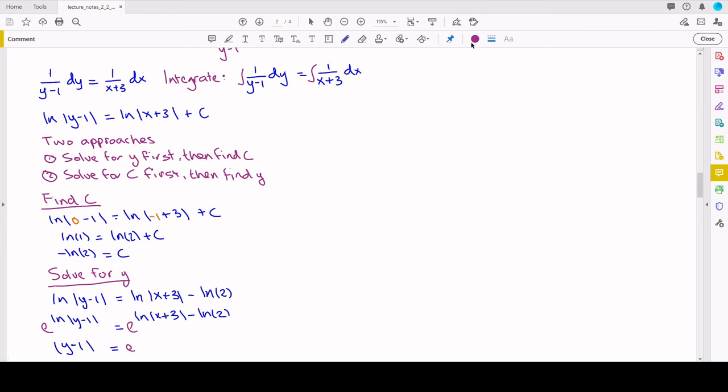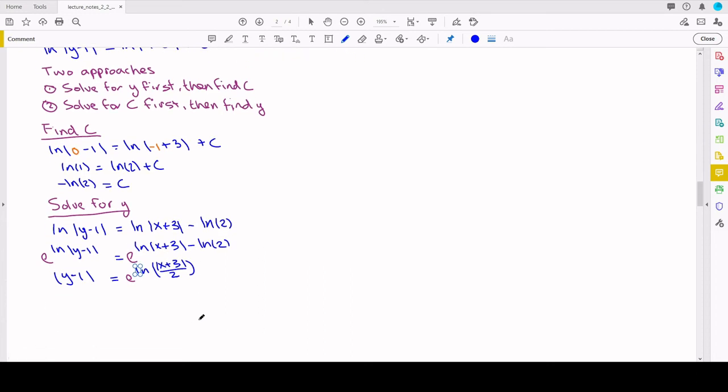So this then becomes e to the power ln of the absolute value of x plus 3 over 2. And now the e and the ln cancel out.